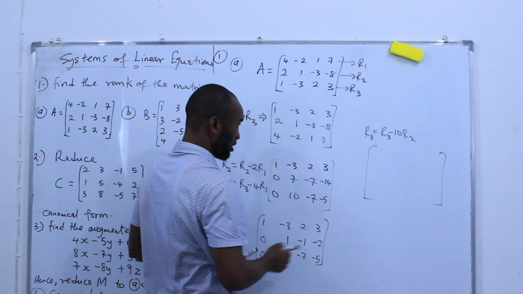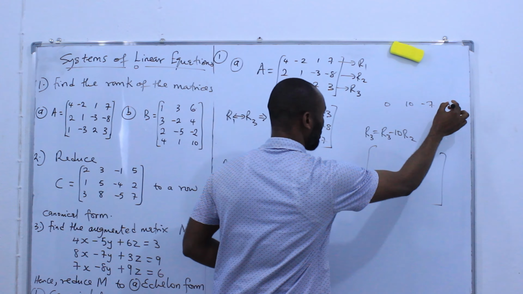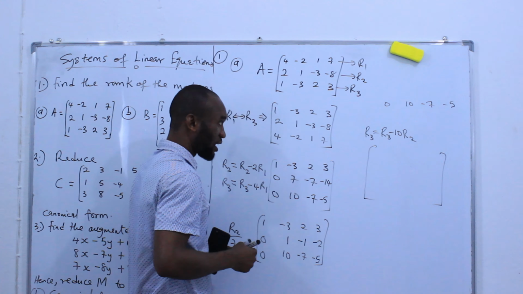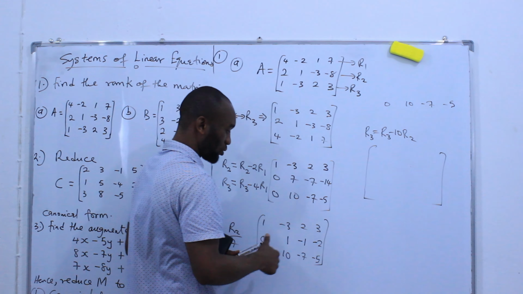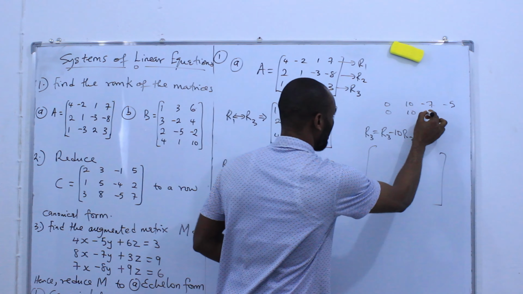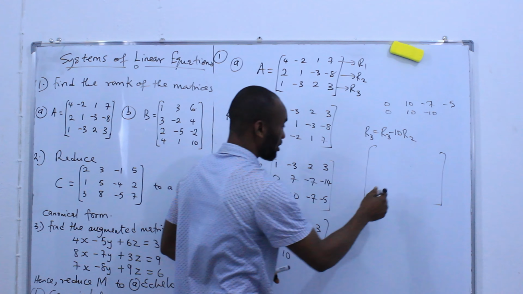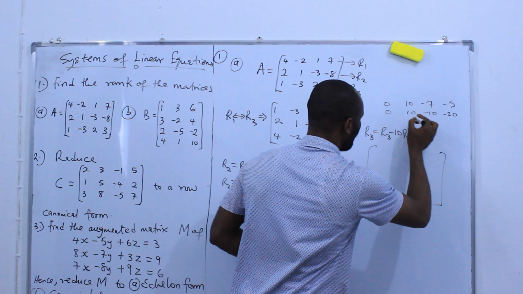Row 3 is 0, 10, minus 7, minus 5, and 10 row 2 is 0, 10, minus 10, and minus 20.